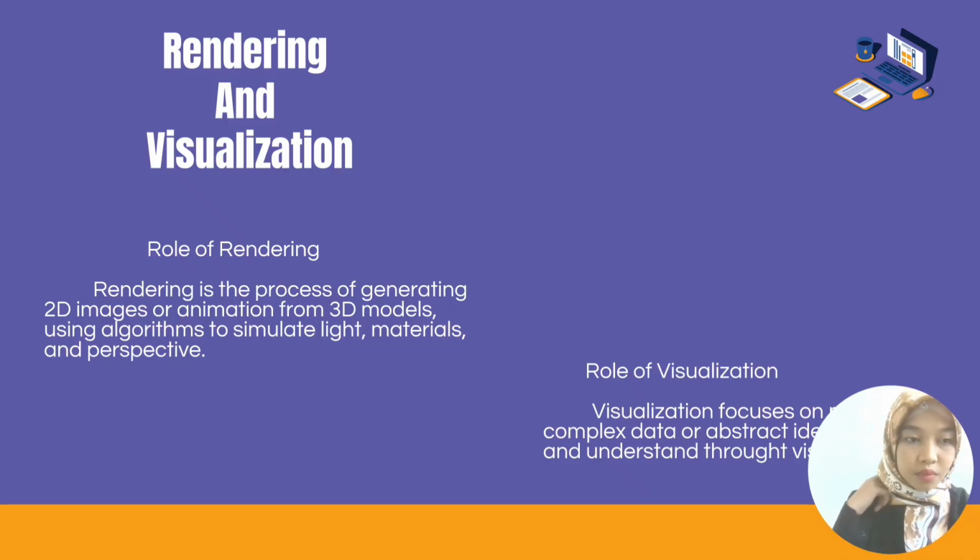It is used to simulate real-world properties like light behavior, material, texture, and spatial perspective, resulting in realistic or stylized visuals. For example, it is used to create movie CGI or detailed architectural rendering.